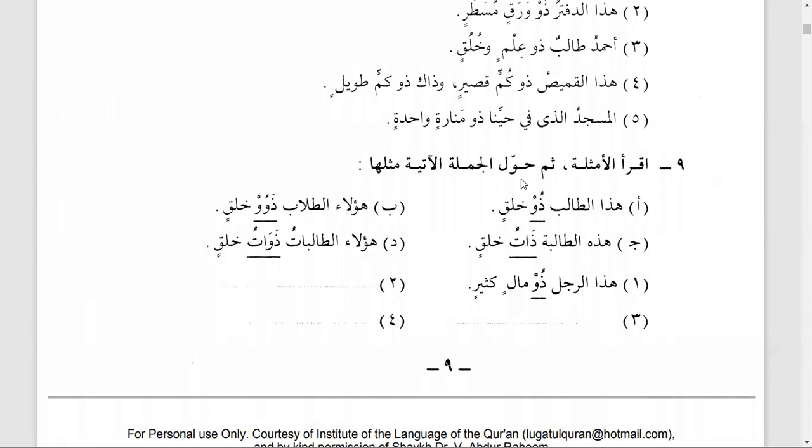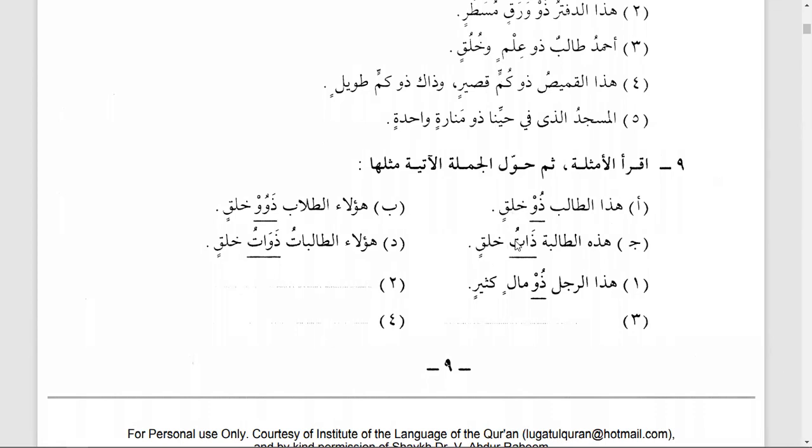So read the examples. Thumma, then hawil is on the pattern of kawin. Yesterday we said kawin, and today it is hawil. Hawil al-jumalat al-atiyata, the following sentences. Mithluha, like these examples. So what we have to do is change the following sentences based on the examples that we have here.